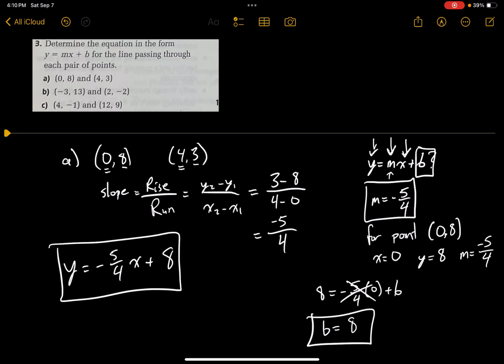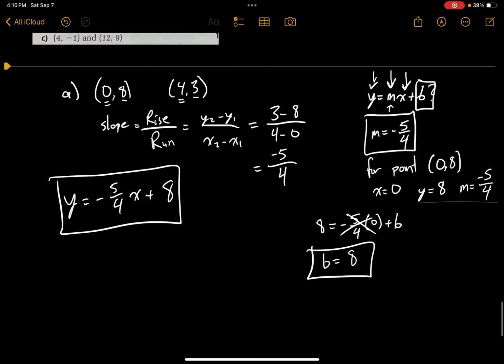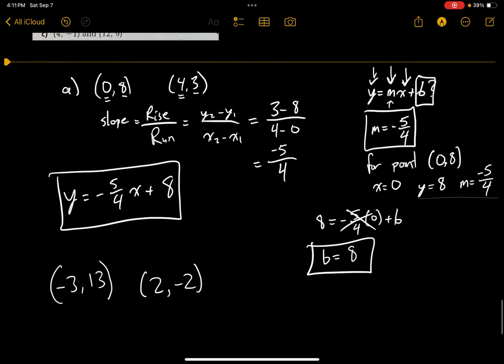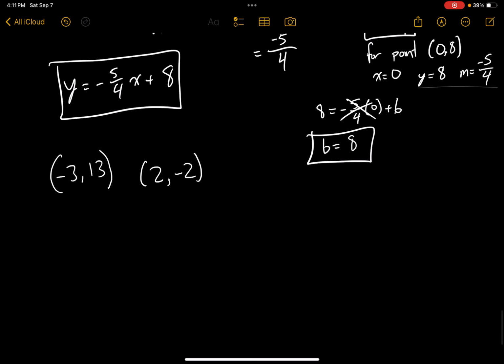And we can follow the same thing for 3b. For 3b, we pass through the points minus 3, 13, and 2, minus 2. And we follow the same method.